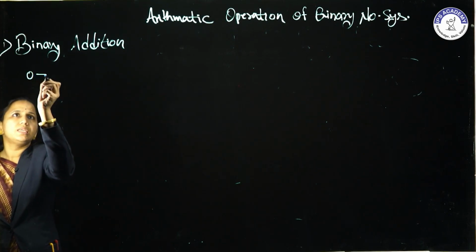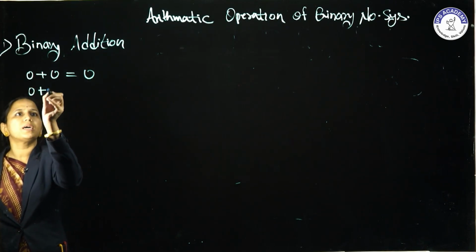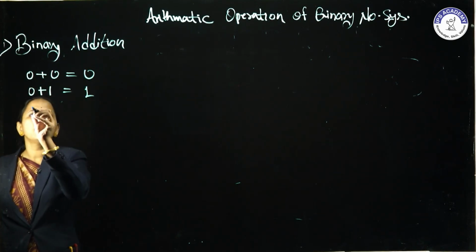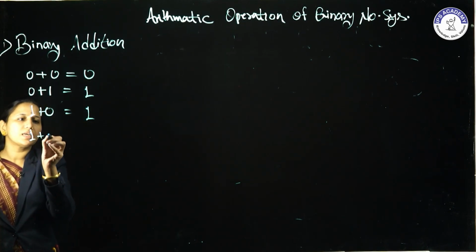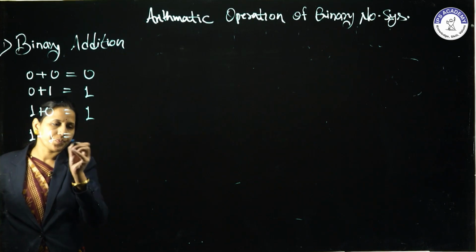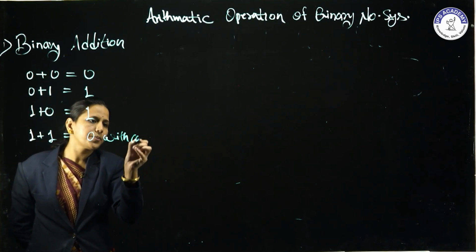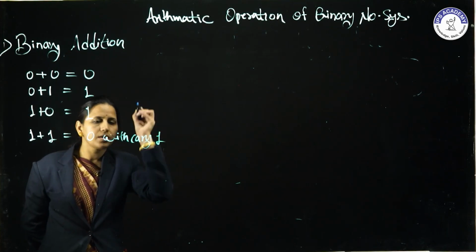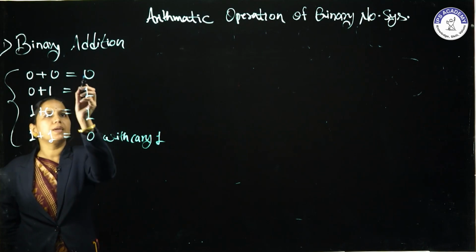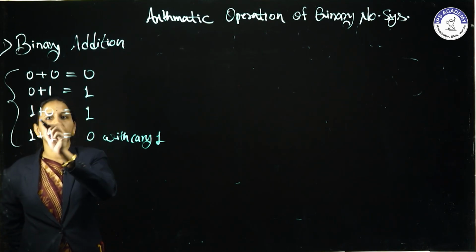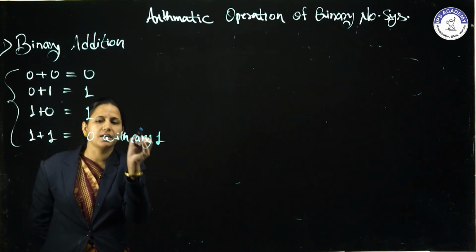So, 0 plus 0 will be 0, 0 plus 1 will be 1, 1 plus 0 will be 1, and 1 plus 1 will be 0 with carry 1. So, remember these 4 points: 0 plus 0 is 0, 0 plus 1 is 1, 1 plus 0 is 1, and 1 plus 1 is equal to 0 with carry 1.